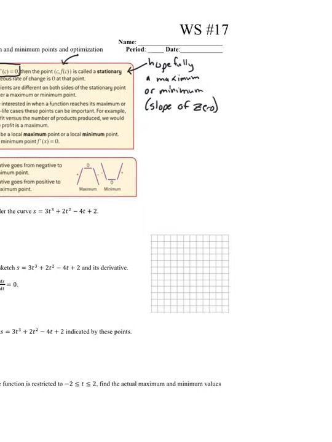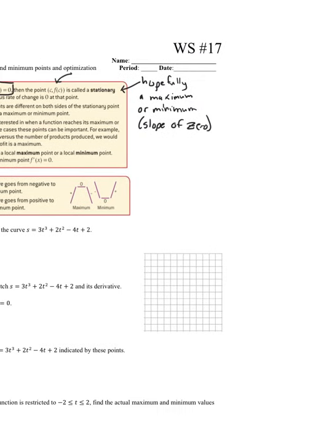So what happens on a graph whenever we're dealing with a function, like let's say a quadratic function, it's going to look something like that. This minimum would be the stationary point.